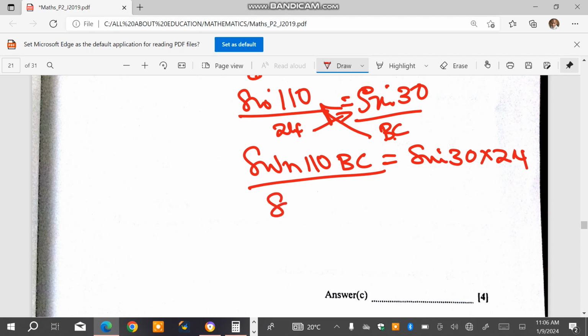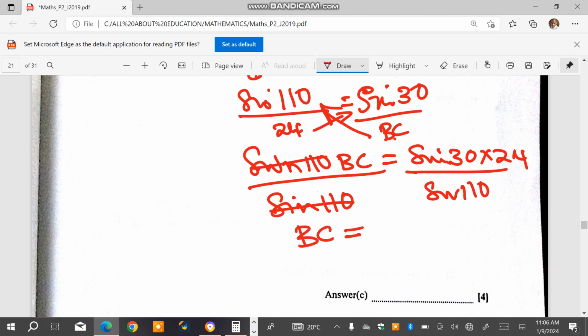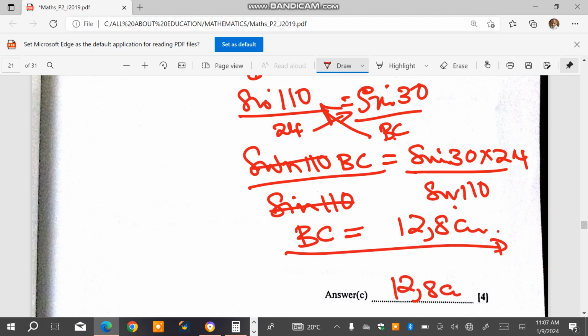And these cancel each other. We're going to be left with BC equals this one times this one divided by this one. If you do it correctly, you are going to obtain 12.8 centimeters. Okay, that's it. So the correct answer here was 12.8 centimeters.